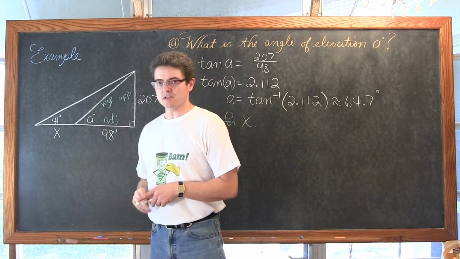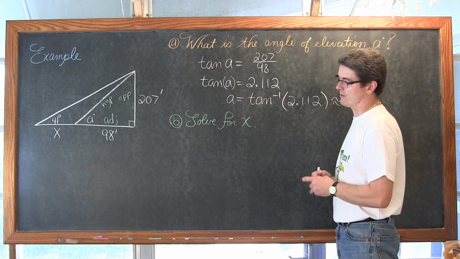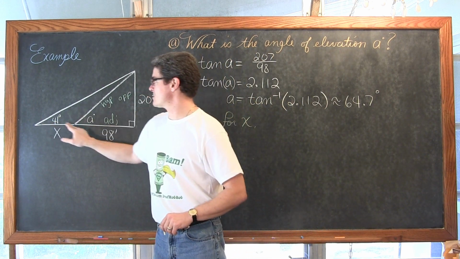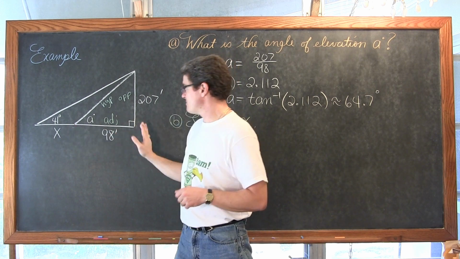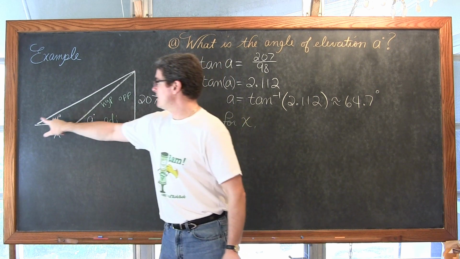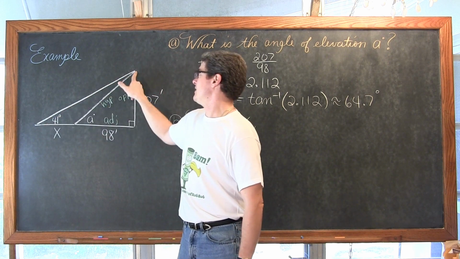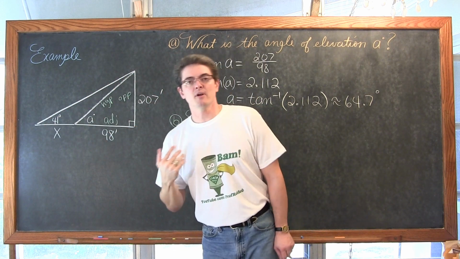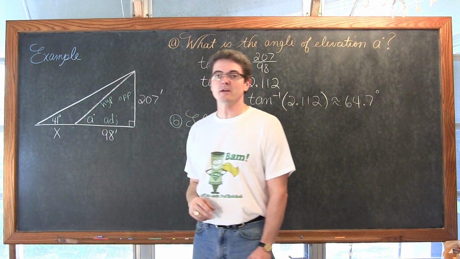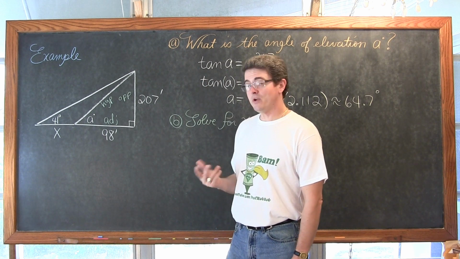Now I want to find out what x is. I'm not going to need the 64.7. These problems are really independent of each other. x is only a piece of this bottom side, or only a piece of this leg. That means we do have this obtuse triangle out here on the left, and in trigonometry or pre-calculus you'll learn something called law of sines and law of cosines that allows you to deal with non-right triangles, but we're only in geometry honors, so we don't know that yet.